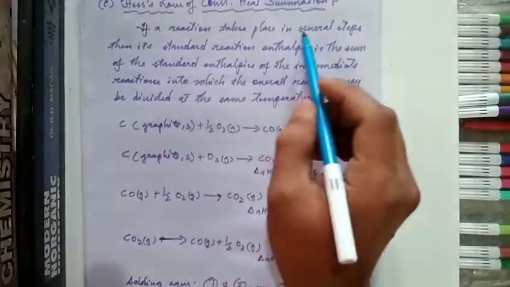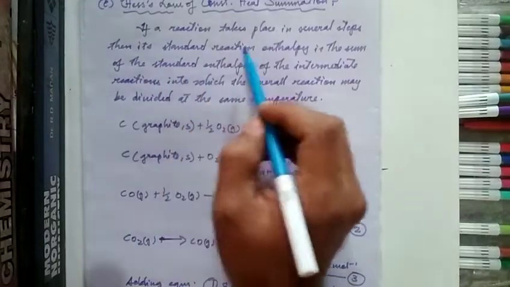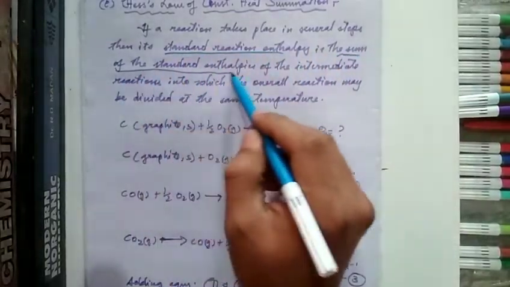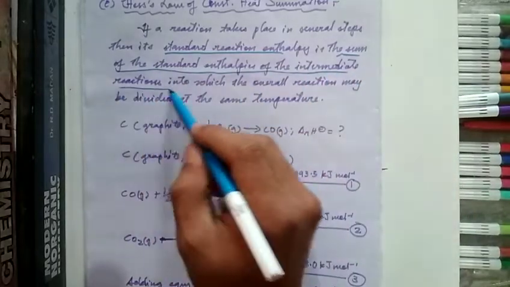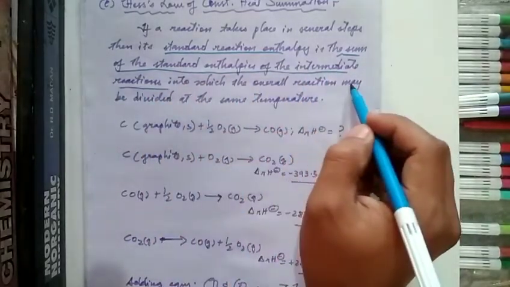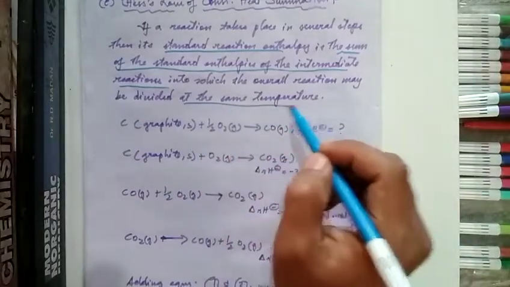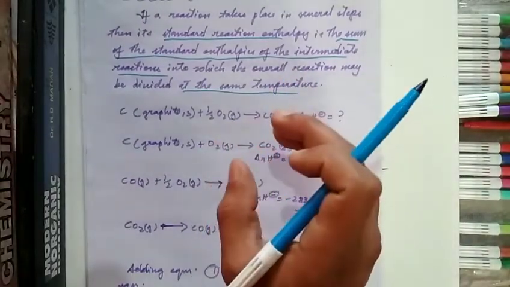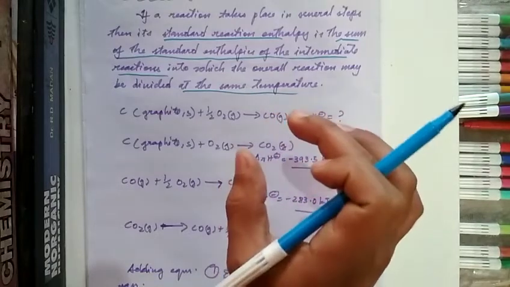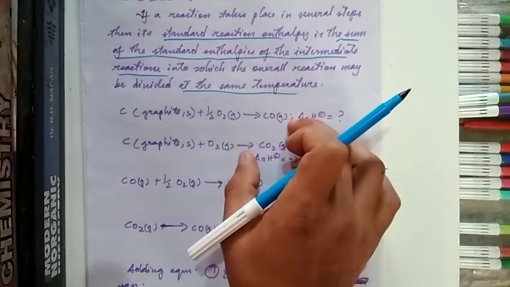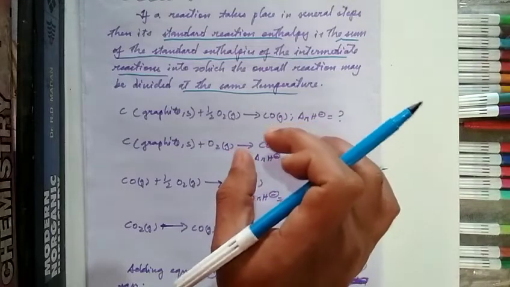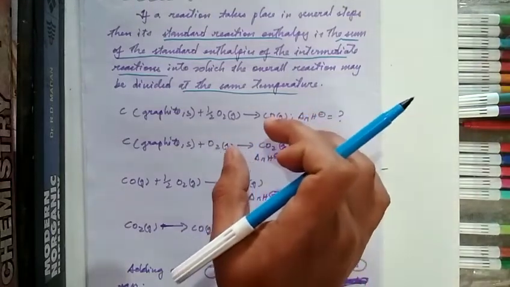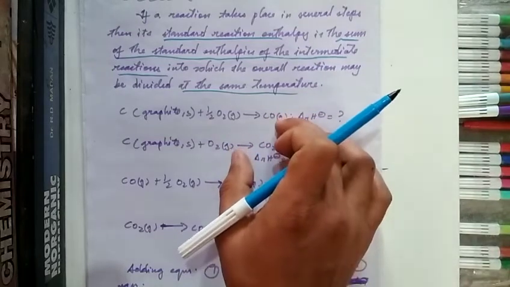If a reaction takes place in several steps, then its standard reaction enthalpy is the sum of the standard enthalpies of the intermediate reactions into which the overall reaction may be divided, at the same temperature. So this means that a number of steps may be involved in a reaction, but the sum of all will be equal to the standard enthalpy of the reaction.